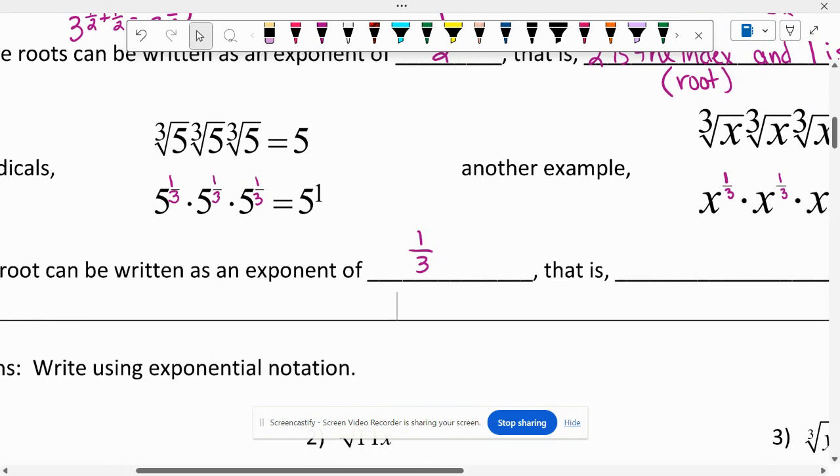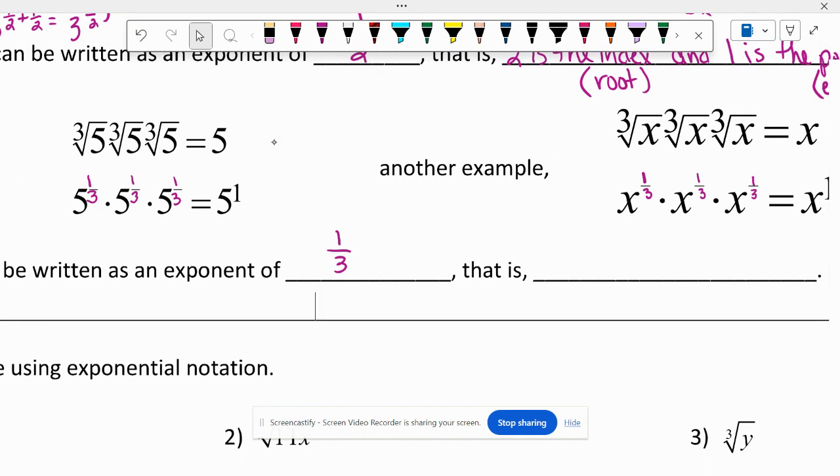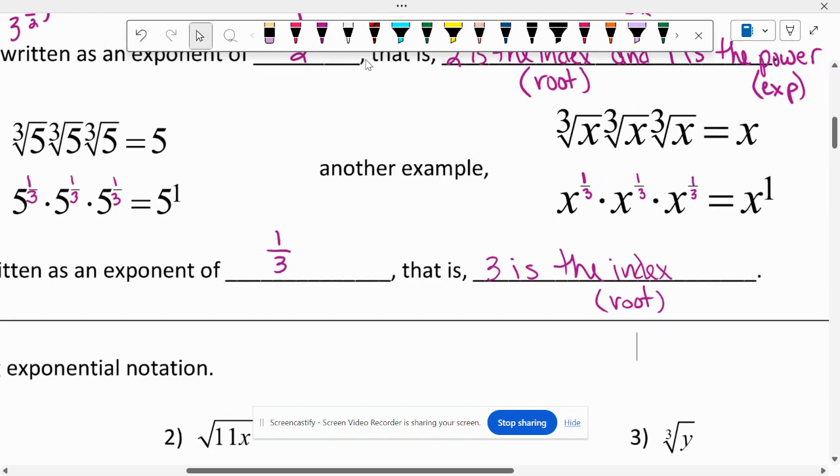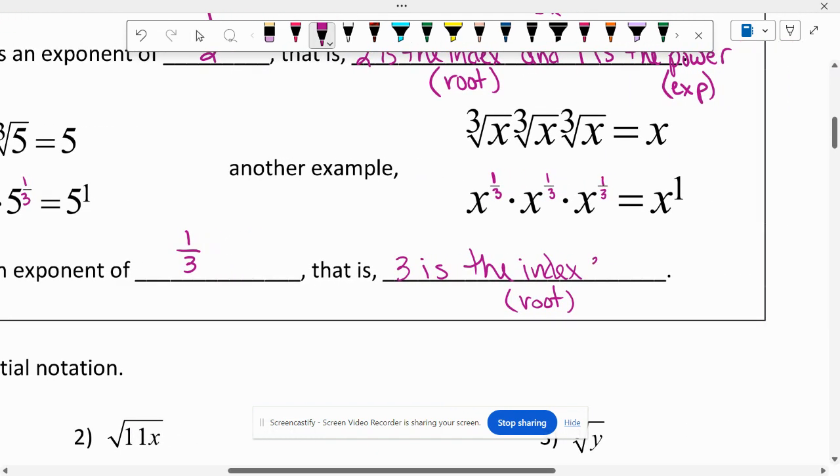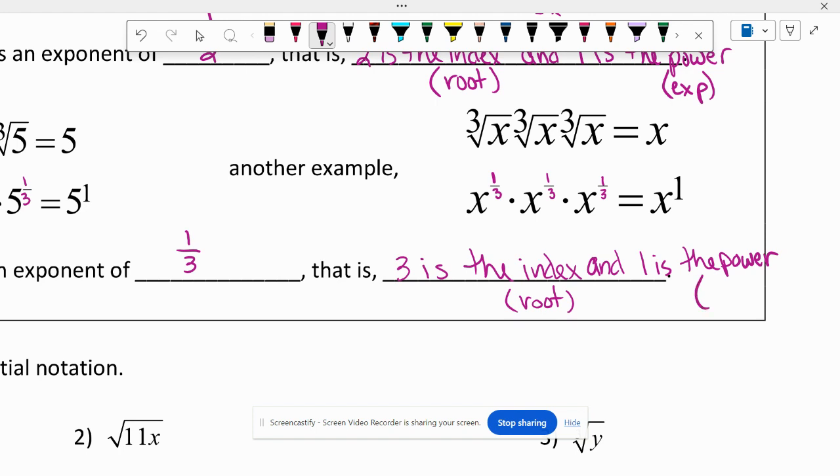That is, 3 is the what? Yeah, 3 is the index. And another word for index is the root, and 1 is the power. And another word for power is exponent.